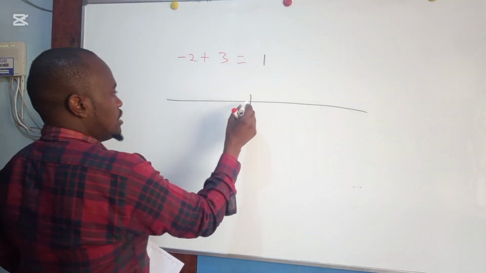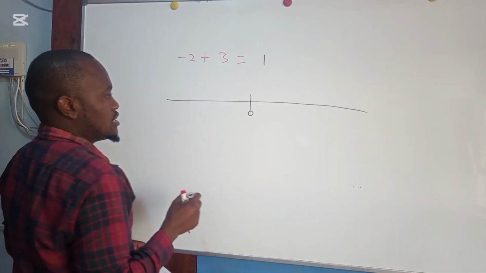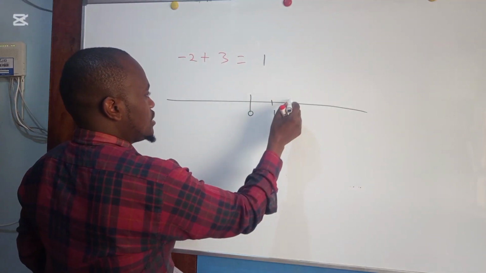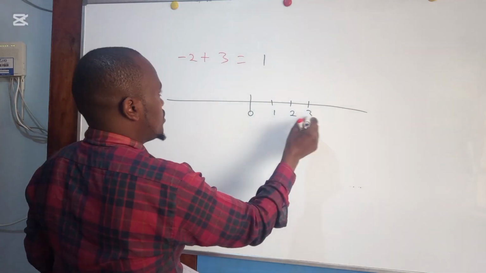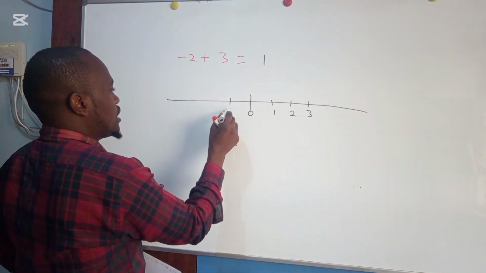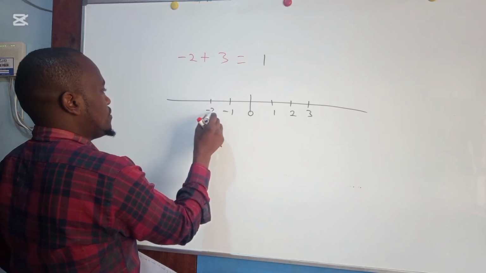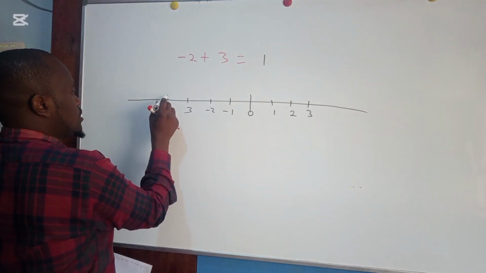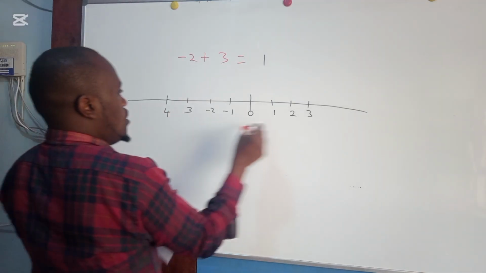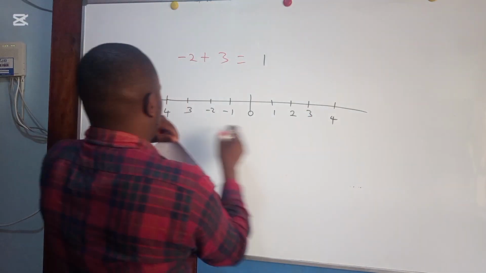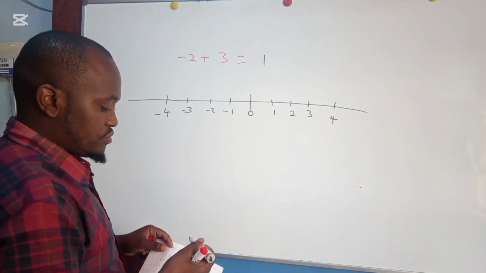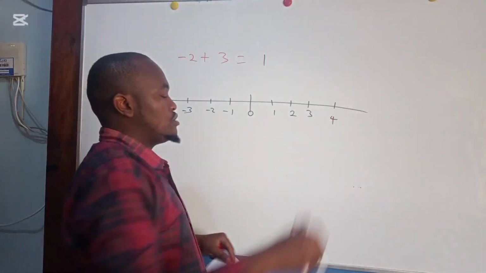A number line, as you have learned, has a 0 and then has positive integers going this way, and this side they are negative integers. These are negatives, these are positives. And it can go up to infinity.